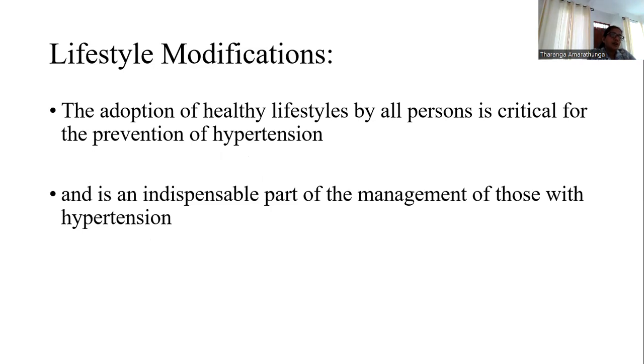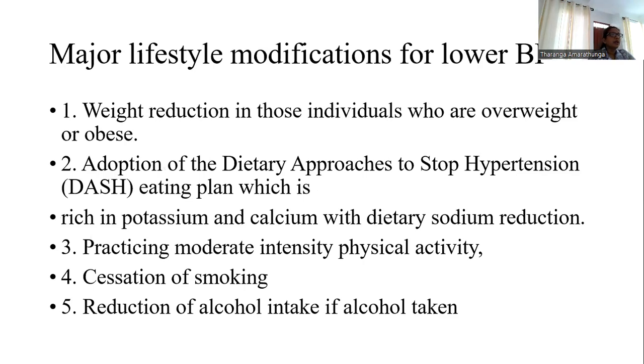Lifestyle modifications are weight reduction in those individuals who are overweight or obese, adoption of the Dietary Approaches to Stop Hypertension eating plan, which is the DASH diet, practicing moderate intensity physical activity, then avoiding smoking and reduction of alcohol intake.